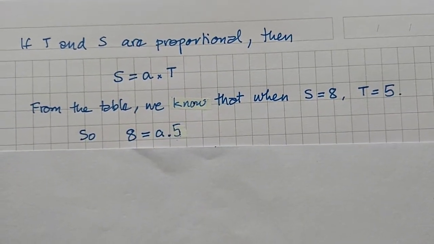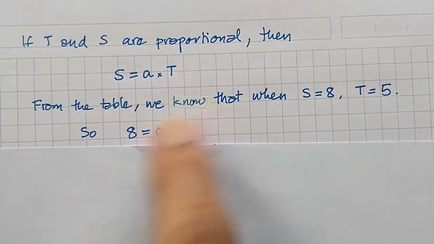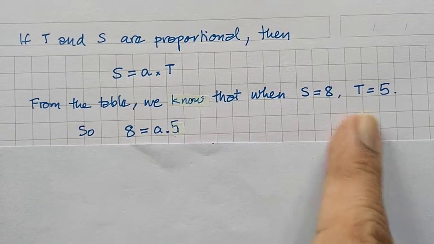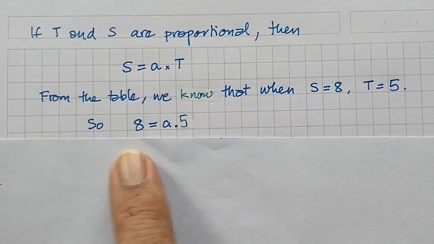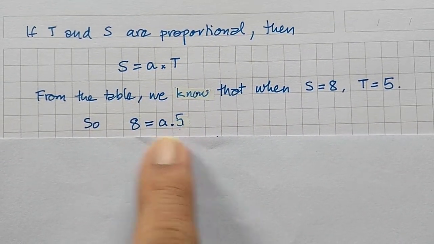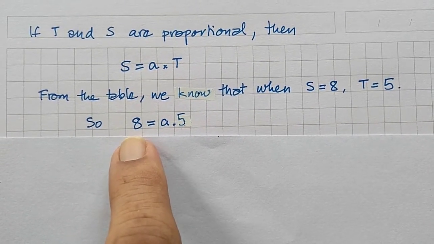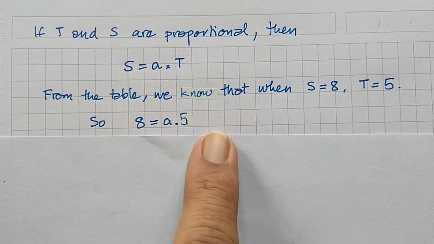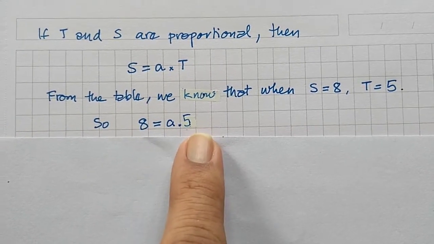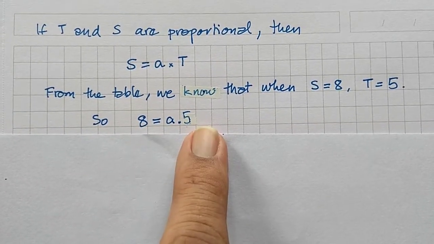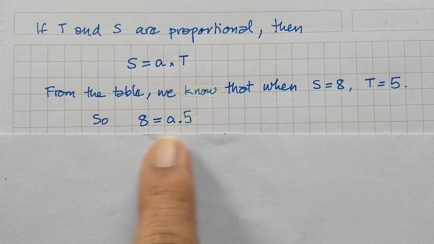So we can write S is equal to A into 5. From this equation we can replace the one value each that we know. So we get 8 is equal to A into 5.